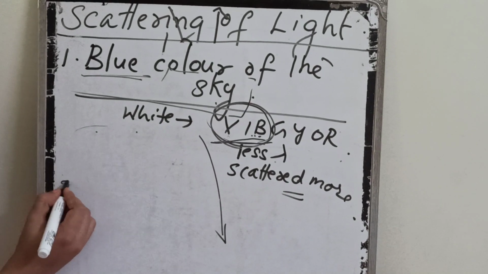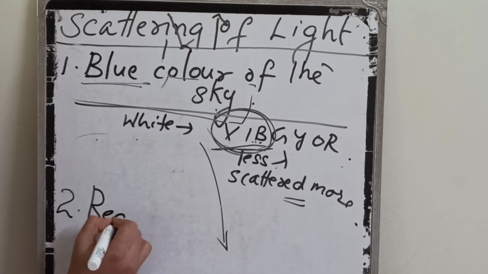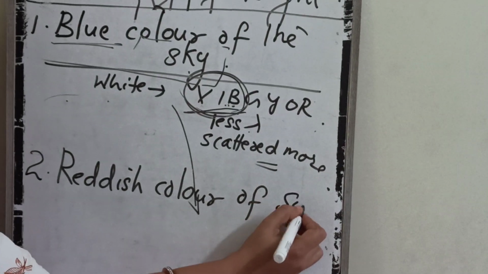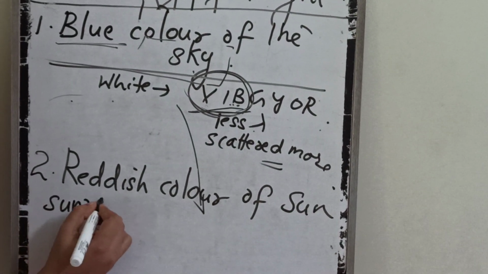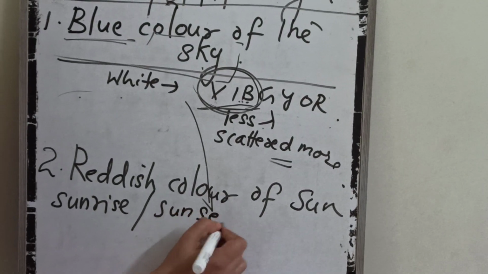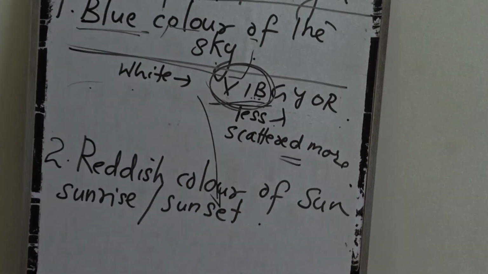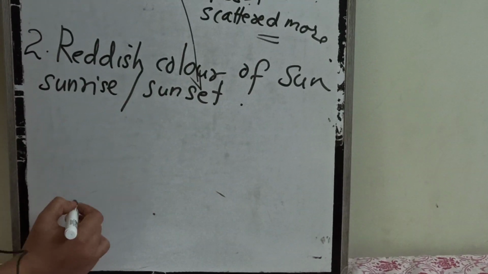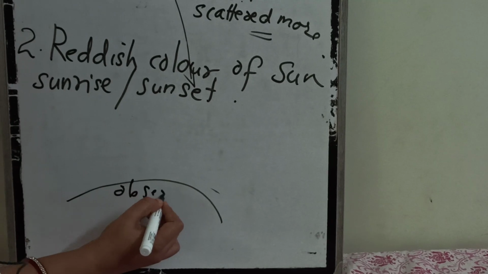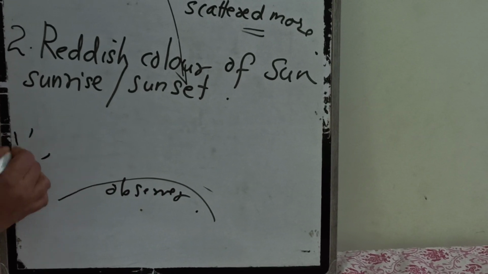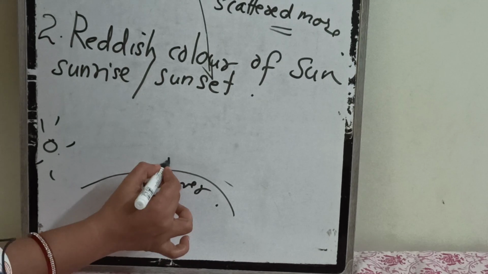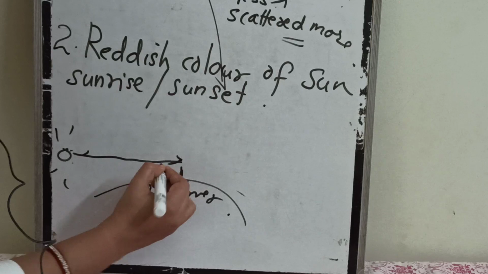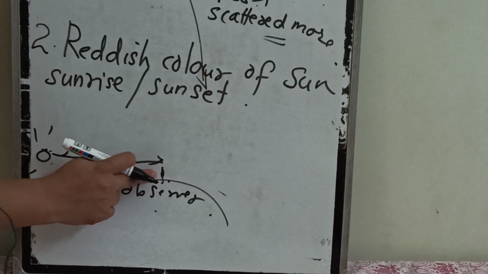Okay. Now, second application is the reddish color of sun during sunrise and sunset. What is happening there? During sunrise and sunset, the sun's rays has to travel a long distance. For example, this is the horizon. So, an observer standing here, during sunrise, the rays should travel a long distance to reach the observer on the Earth's atmosphere, isn't it?